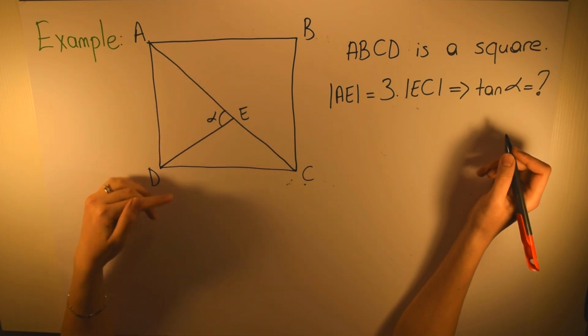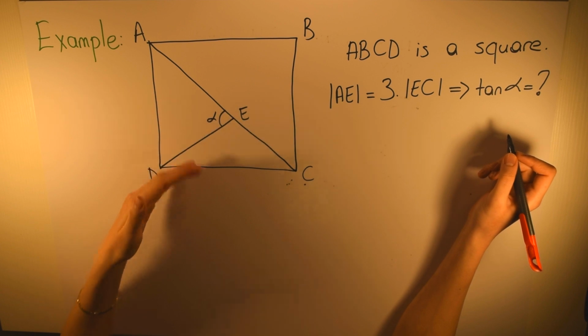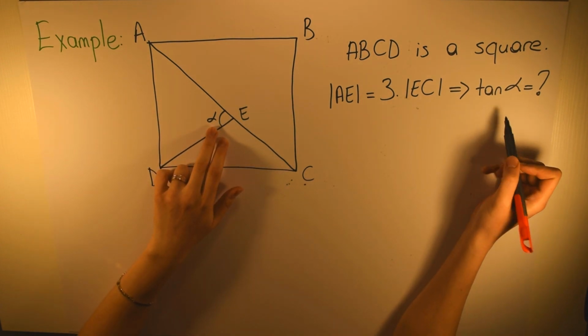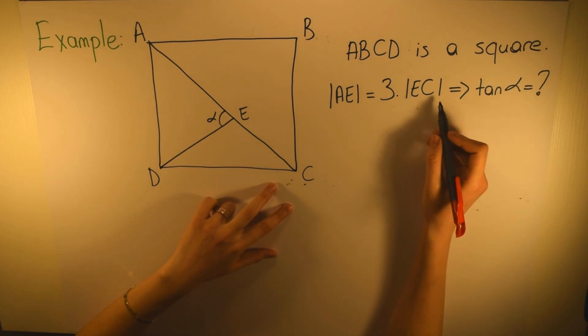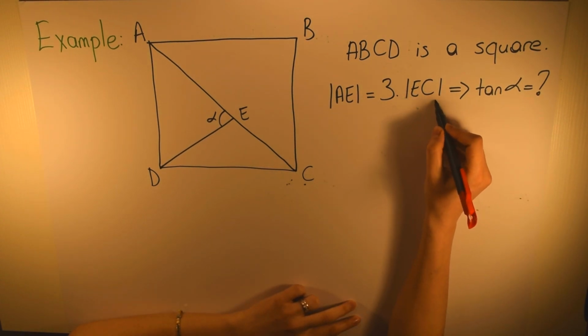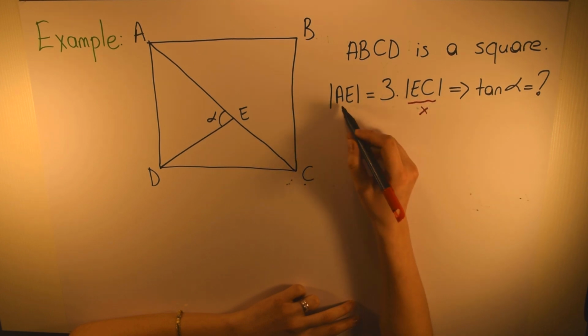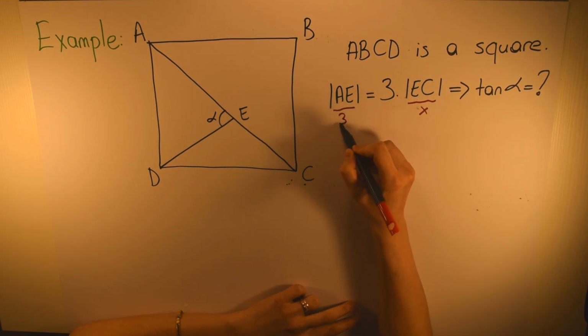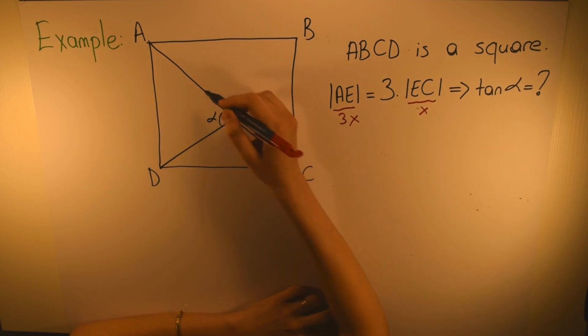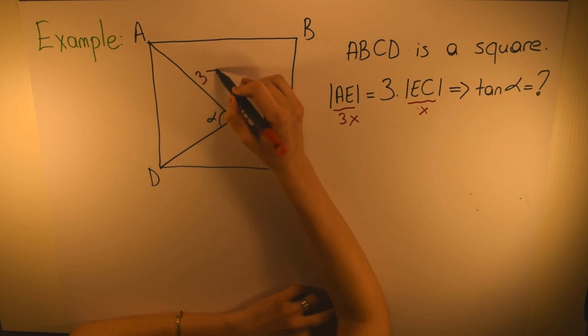So we will try to draw some right triangles in order to find the value of tangent alpha. Let's start with the given information. If we say this length is equal to x, then AE will be 3x.